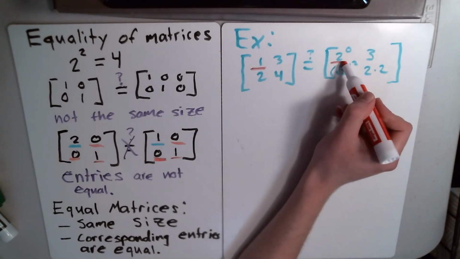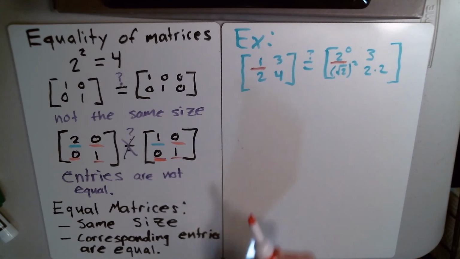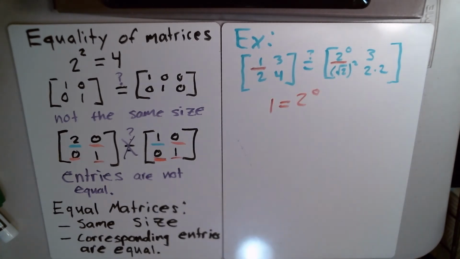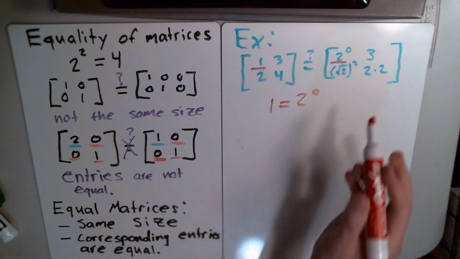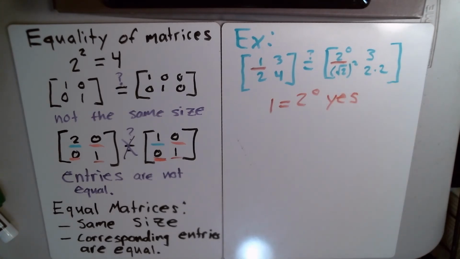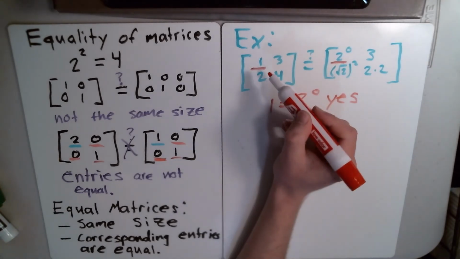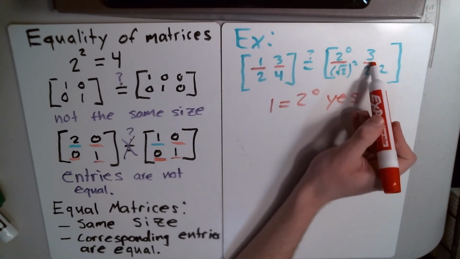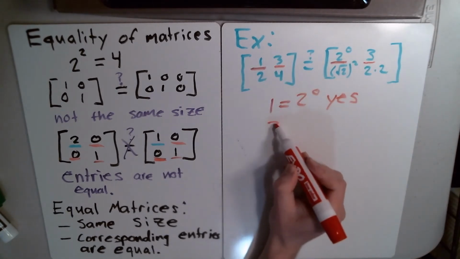These two are corresponding to each other. Is 1 equal to 2 to the 0 power? Well, this is one that you need to remember. Yes. Whenever you raise something to a 0 power, you get 1. What about 3 and 3? Yeah, 3 equals 3.